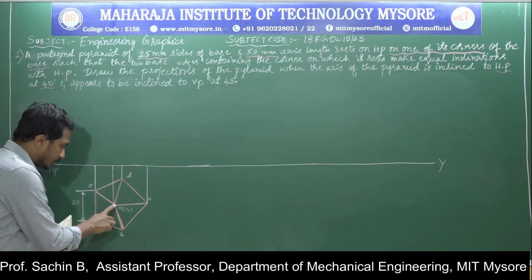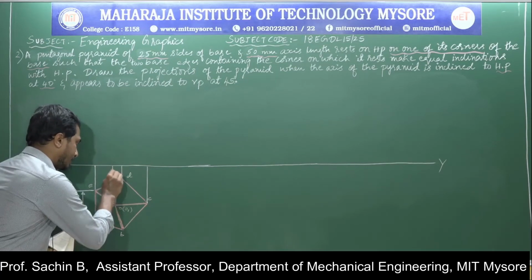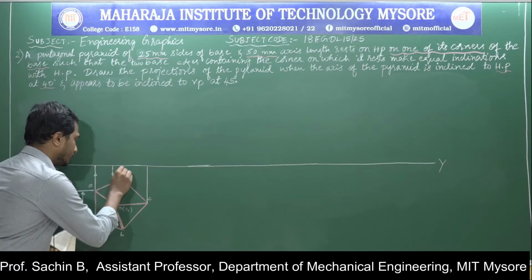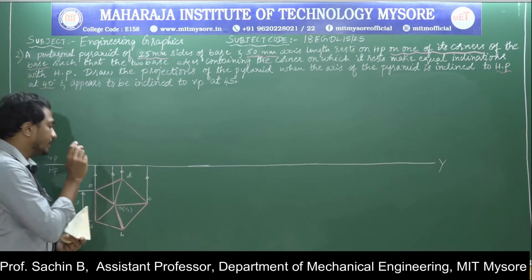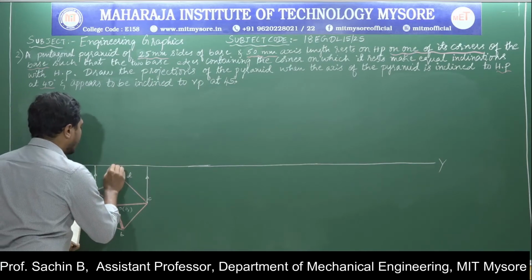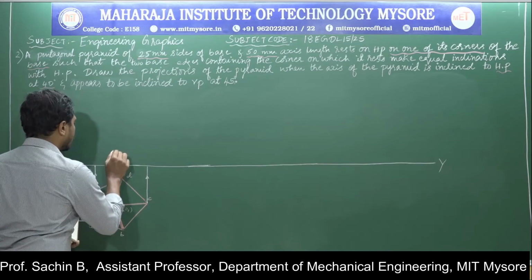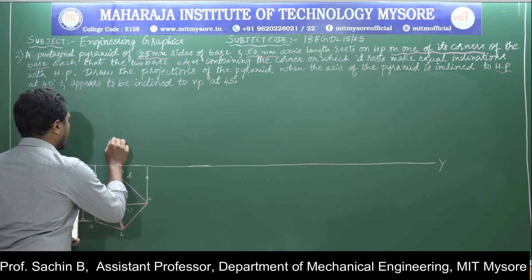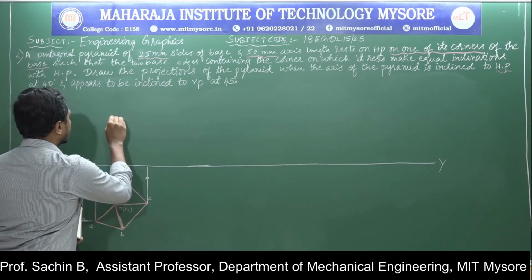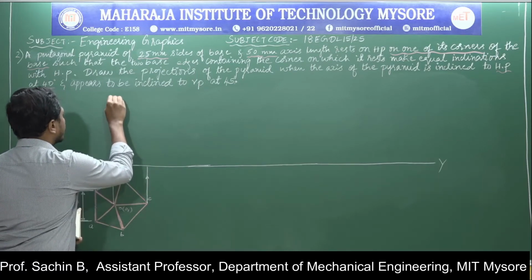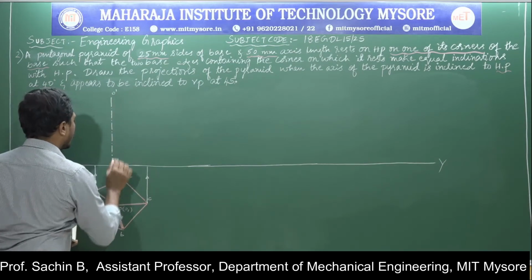This is the point where I drew the projection line to represent the axis. Now that length is exactly 50 mm. From here I am going to draw a chain line of length 50 mm to the top. Now this point is O dash, this point is O1 dash.